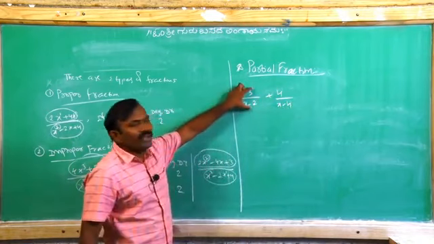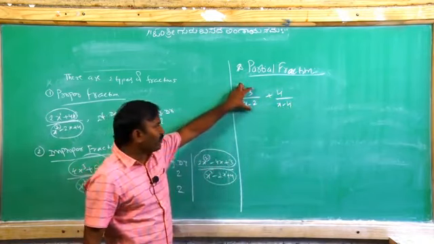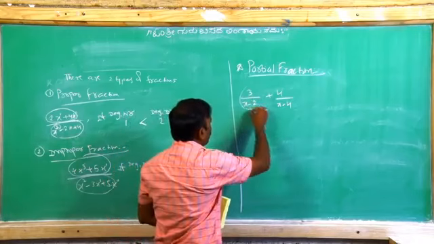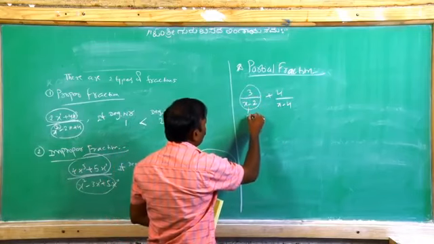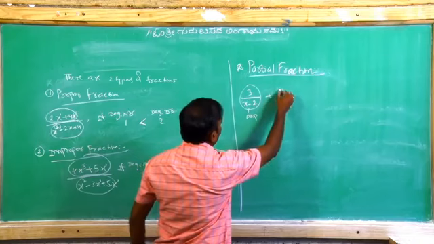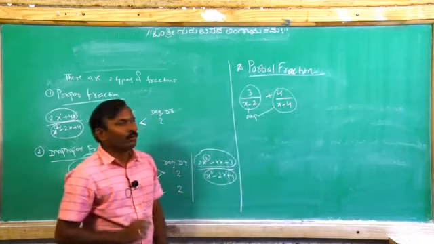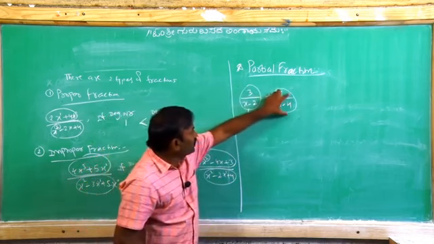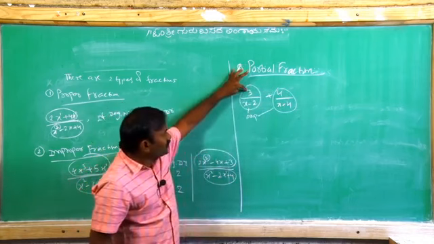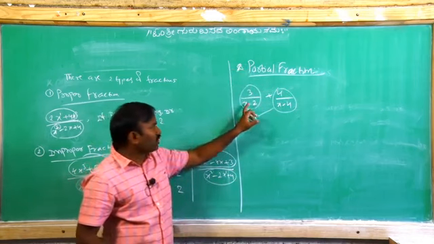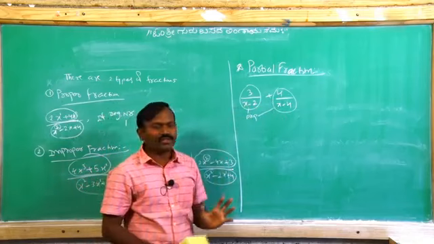Now this 3 by x minus 2 is a proper fraction. 4 by x minus 4 is also a proper fraction, because in these two fractions the degree of the numerator is less than the degree of the denominator. So these two fractions are proper fractions.